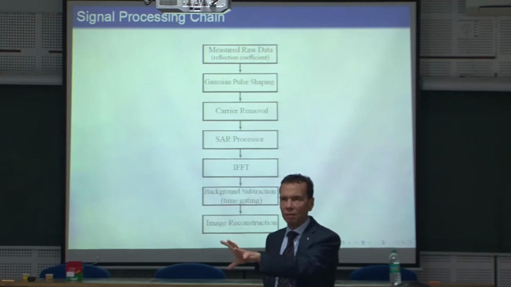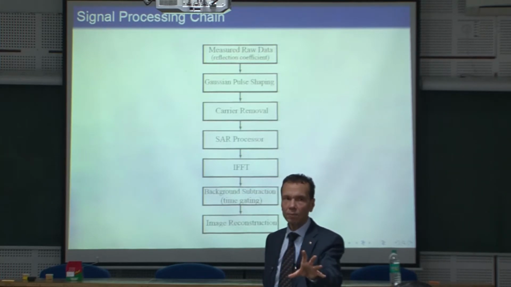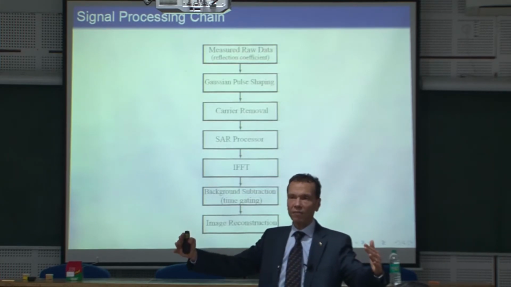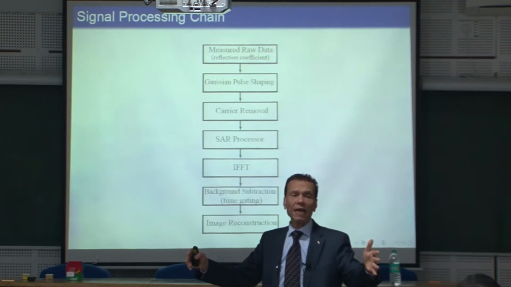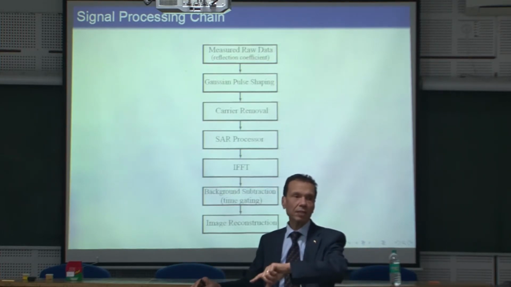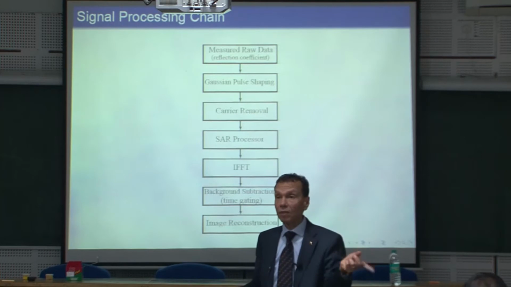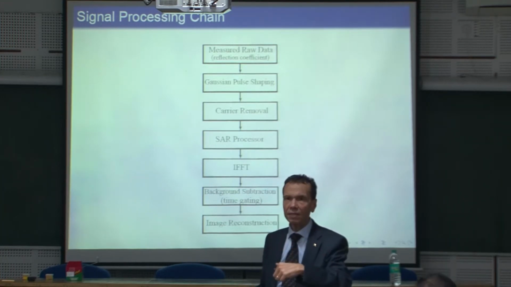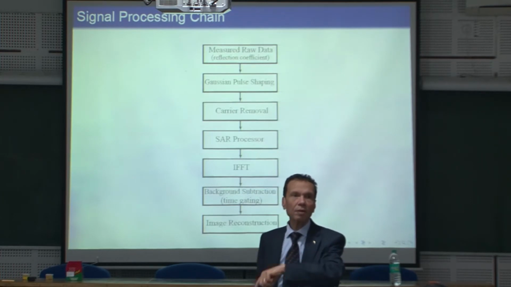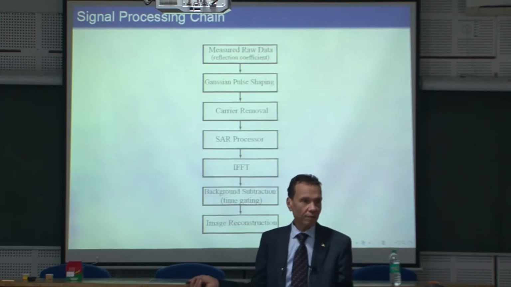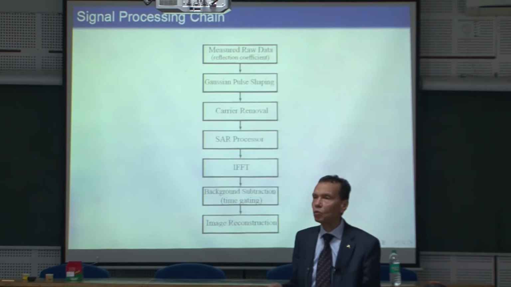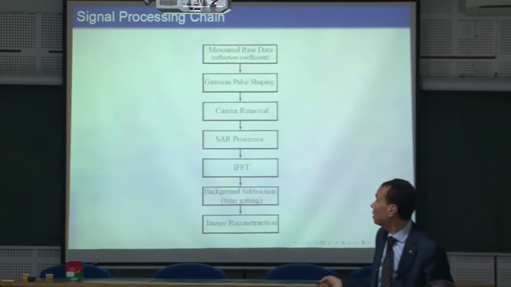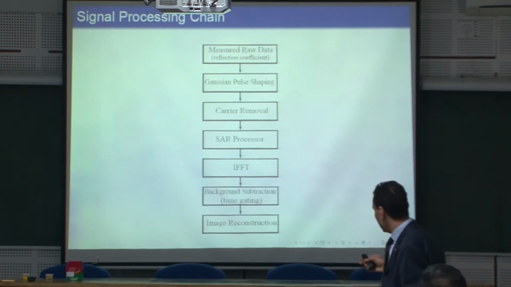And in order to get rid of the side lobes, of course, you pay with the width of the main lobe. You can have no side lobes if you have what is called a Gaussian window. So Gaussian window, whether in the time or in the frequency, for the penetration, or for the antenna array, or for the synthetic aperture, just to get rid of the side lobes. This is the Gauss pulse shaping.